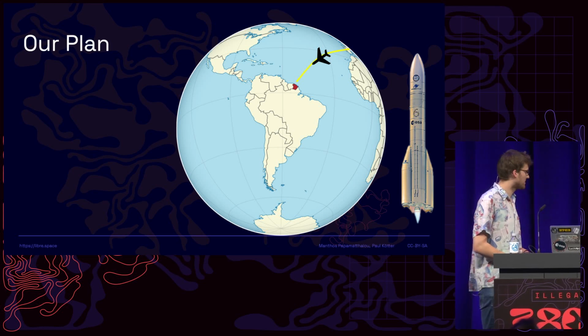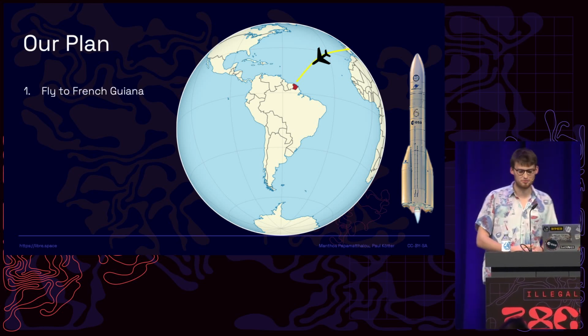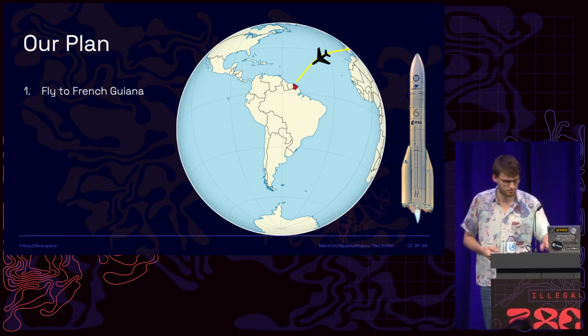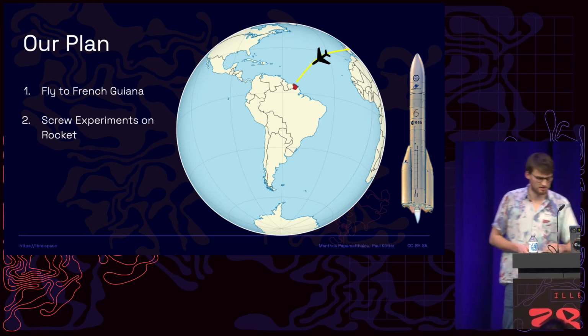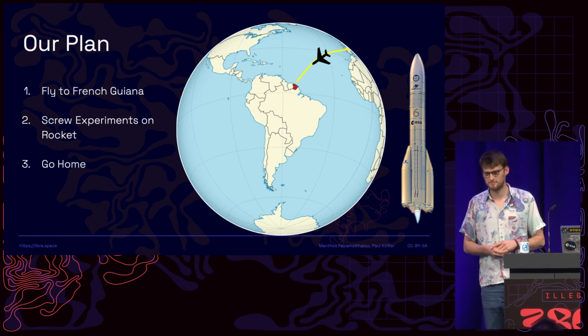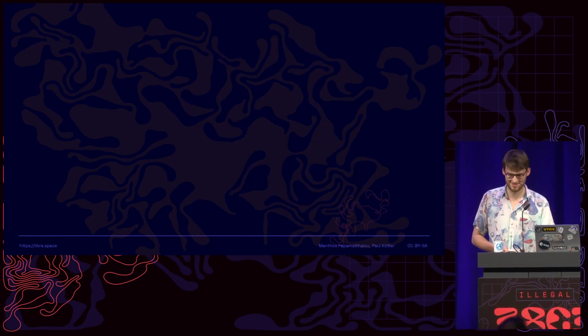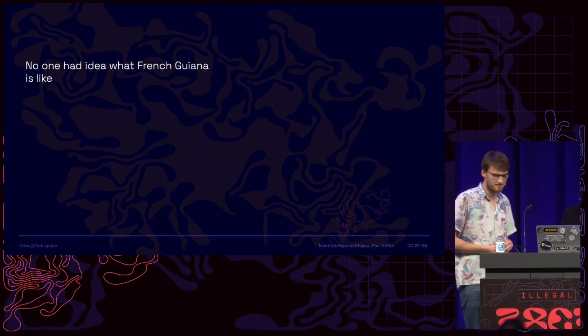And we had a plan. Our plan was to fly to French Guiana, which is where the rockets built in the European Union start from, and screw our experiments onto the rocket. And then we wanted to go home. But plans, yeah. No one really had an idea what French Guiana is actually like.